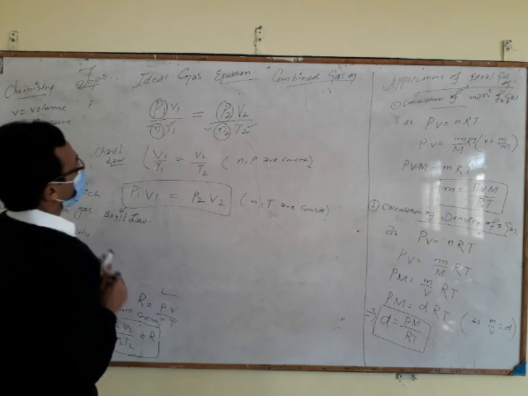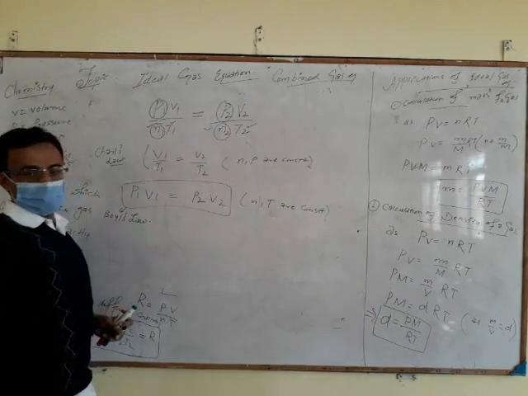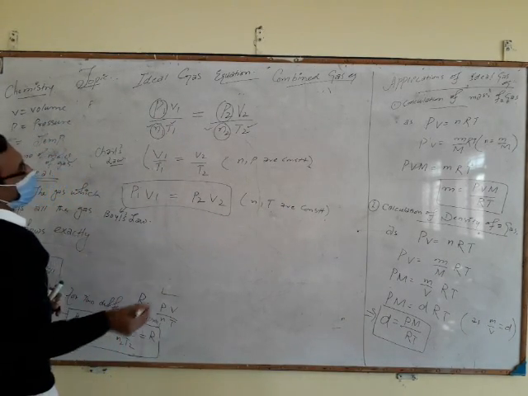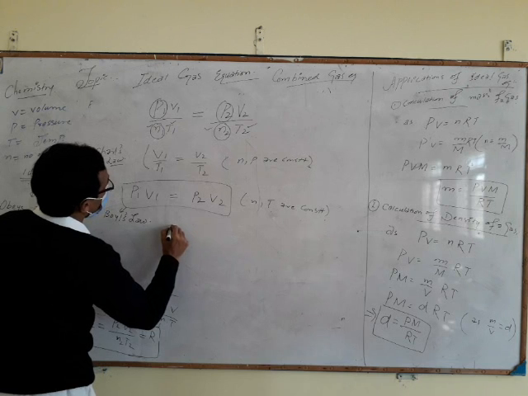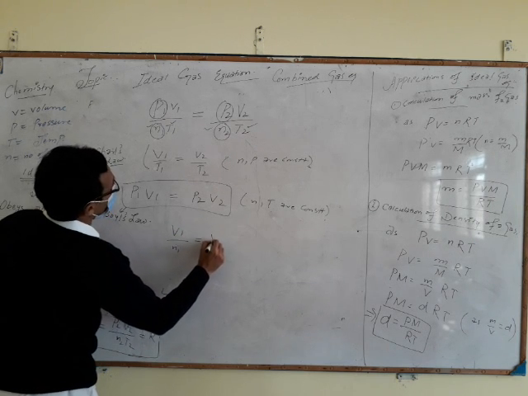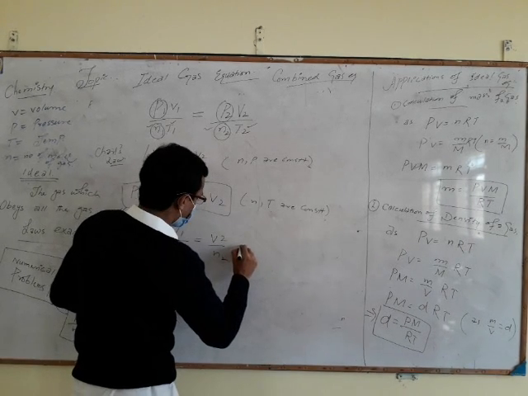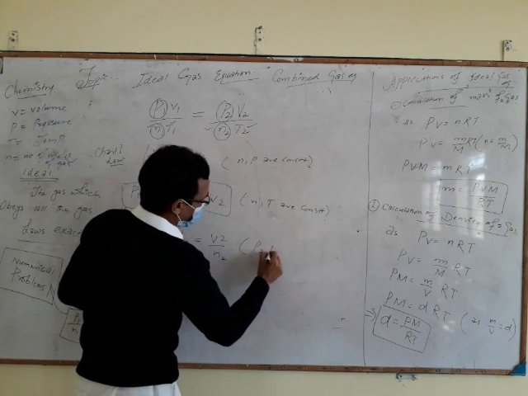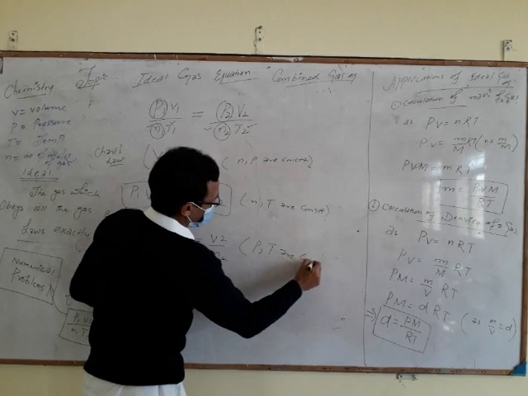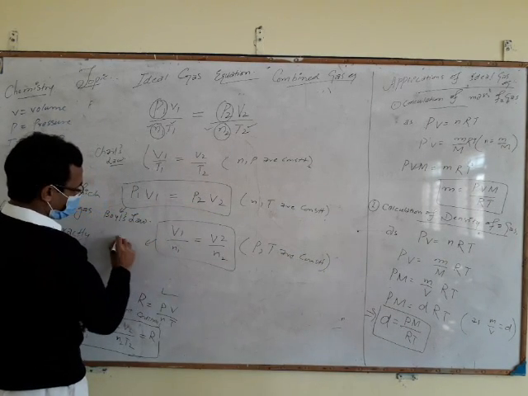Similarly, if we take P and T both constant, then what we get is V1 by n1 is equal to V2 by n2. P and T are constant.